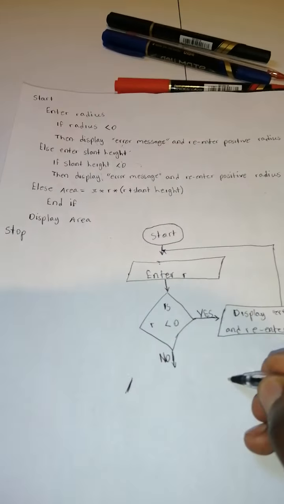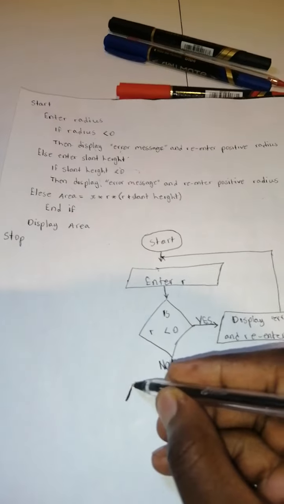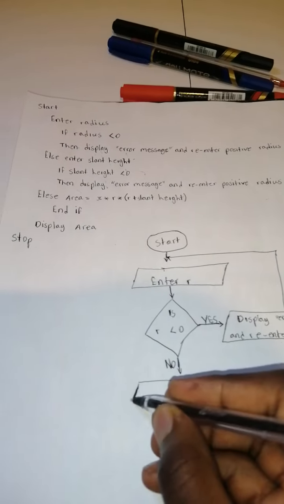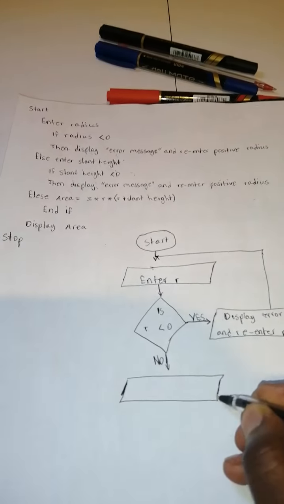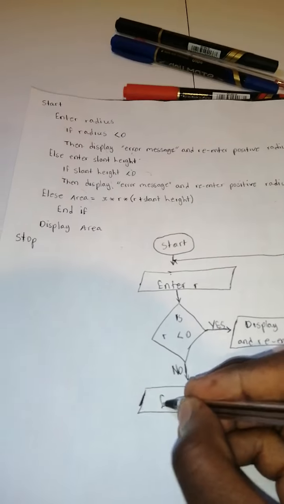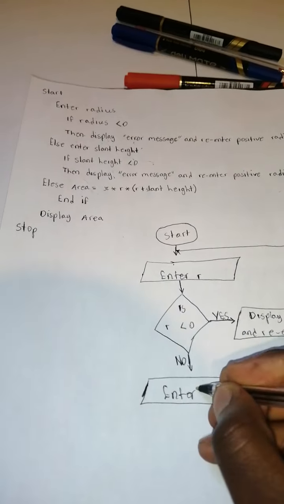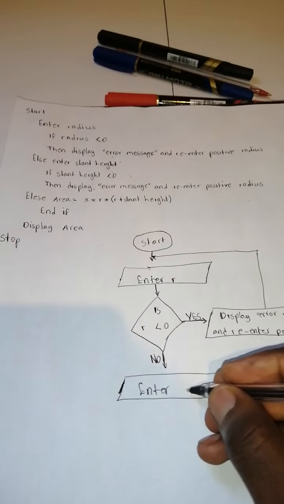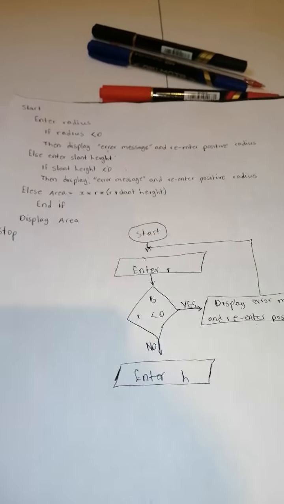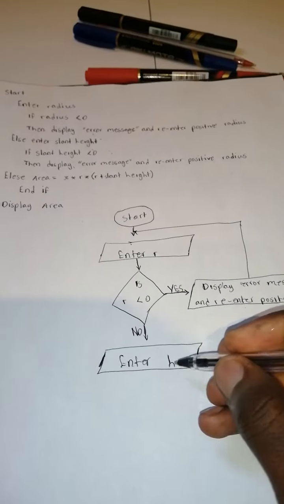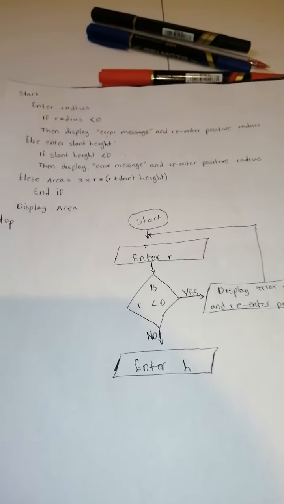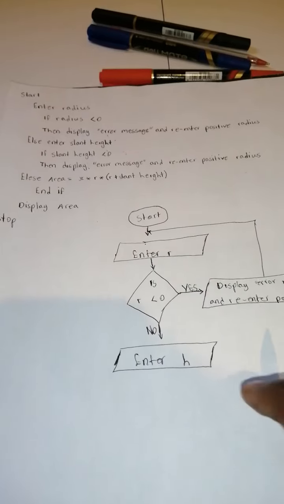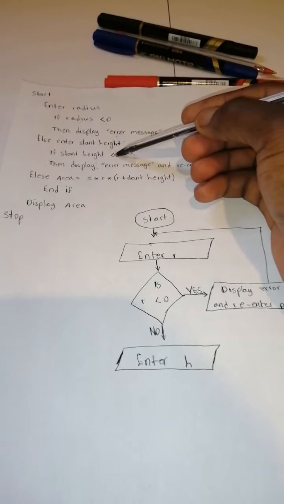So in this case we are going to draw another parallelogram, since we have enter. Here we're going to say enter slant height. Instead of writing slant height, we're just going to write h here. You can write h or s or l if you want for slant height. After writing this, you're going to move on to the next step.